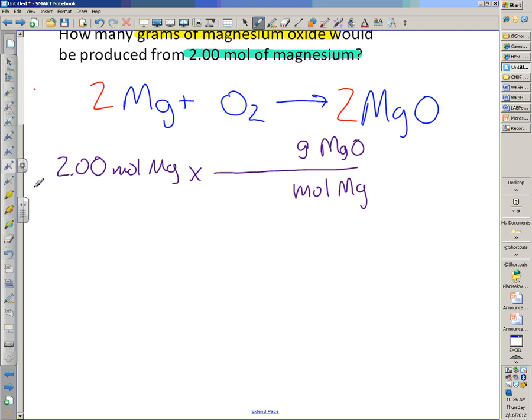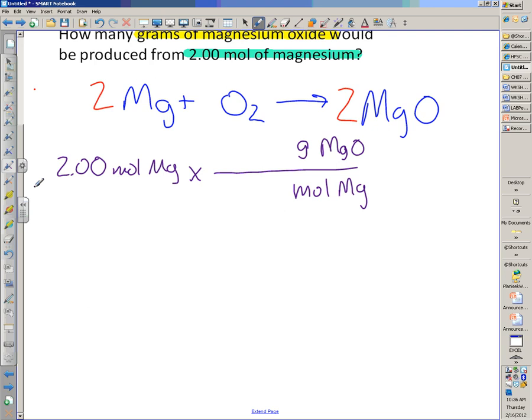No. On Monday, we did problems where we converted mass to moles, but it was always the mass of one thing to moles of that same thing. That we can do by using formula mass. But I cannot convert moles of one thing to grams of something else, at least not in one step. This conversion factor doesn't work.